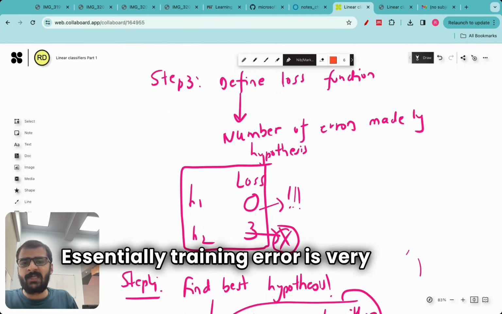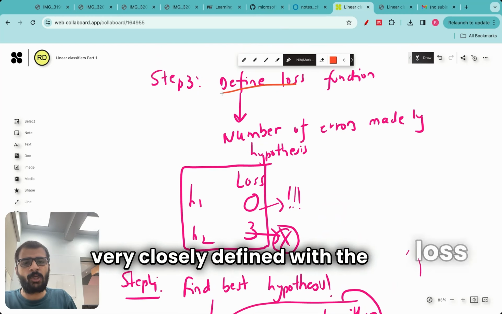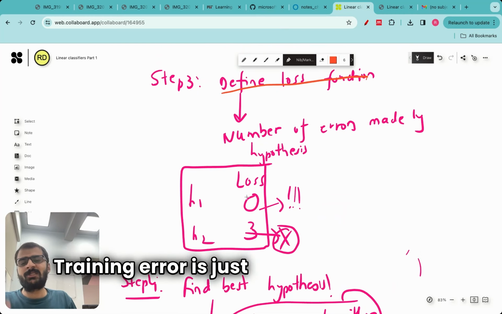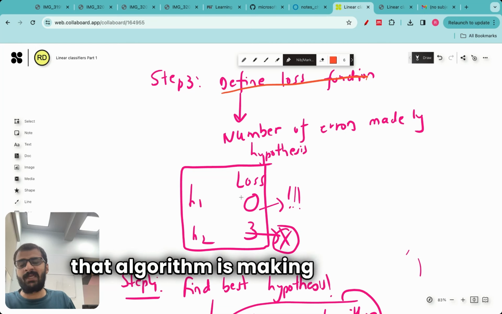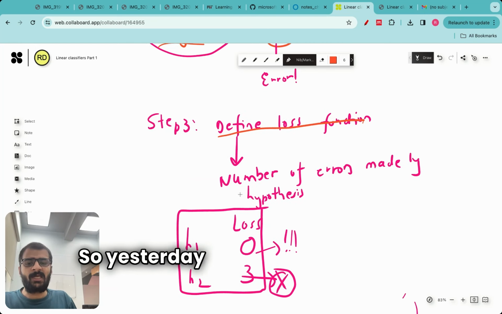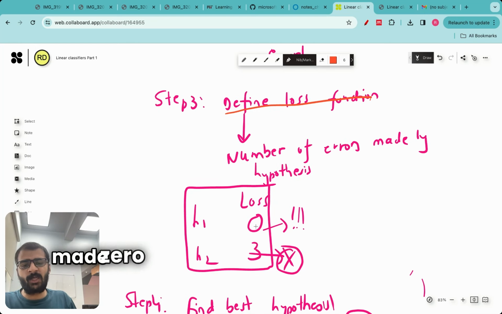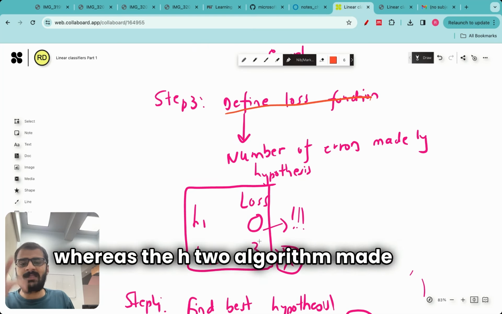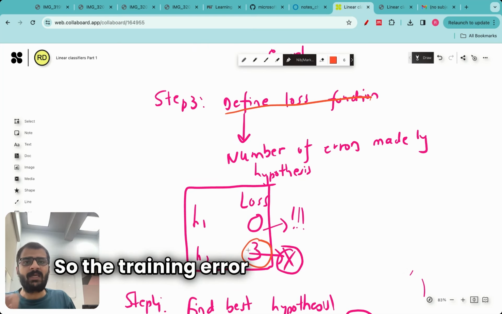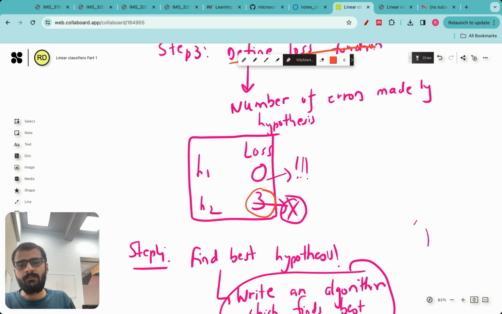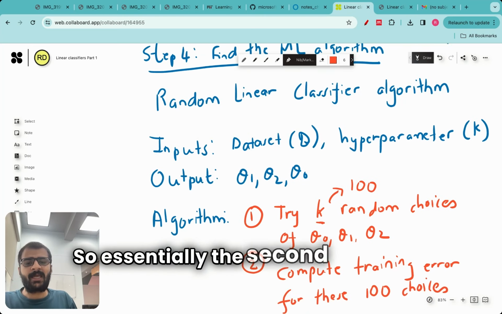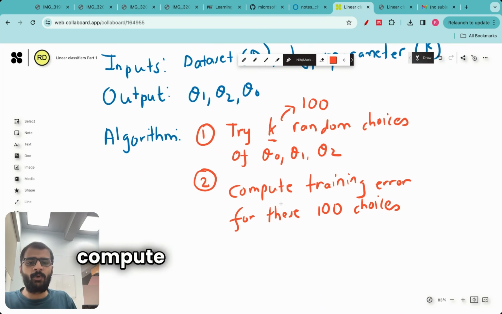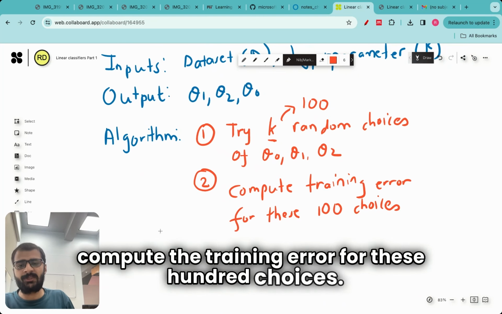Essentially, training error is very closely related to the loss function. Training error is just how many mistakes the algorithm is making. Yesterday we saw that this H1 algorithm made 0 mistakes, so the training error is 0. Whereas the H2 algorithm made 3 mistakes, so the training error is 3 in that case. So the second step of this algorithm is to compute the training error for these 100 choices.